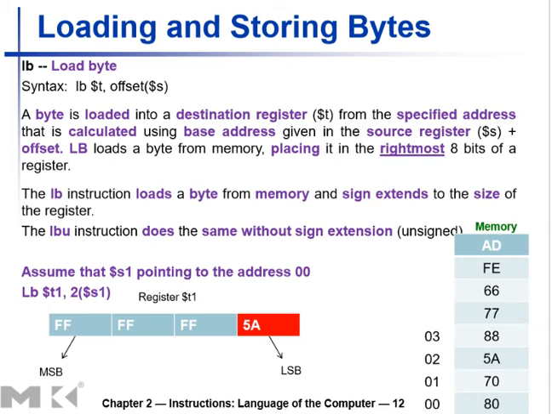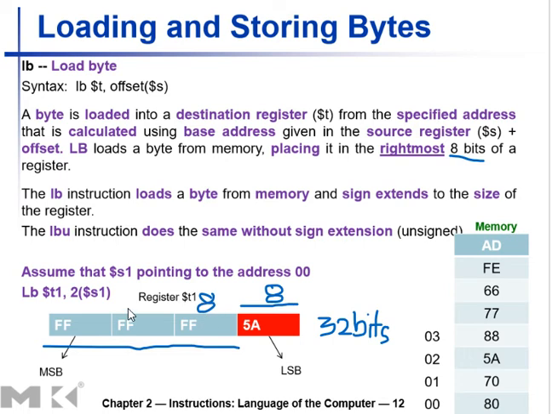Let's assume this is a register. The register contains 32 bits. The total number of bits for a register in MIPS is 32 bits. But we are loading a byte. A byte is 8-bit data. So the rightmost 8 bits, this is 8-bit, and another 8-bit here, another 8-bit and another 8-bit.